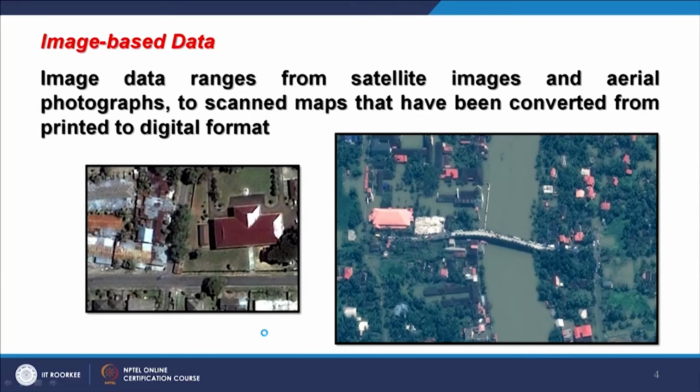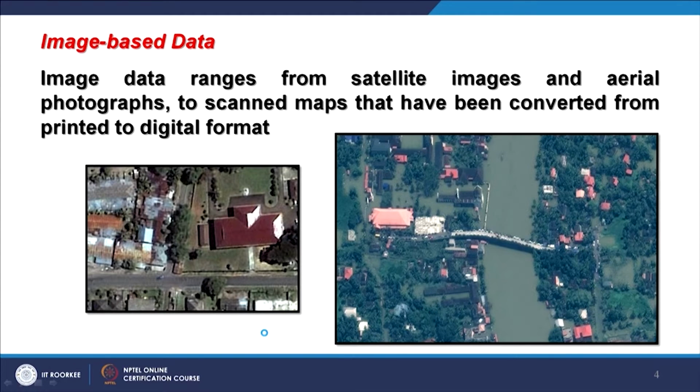Another type of raster data is the image data, and you are seeing two examples of images here. Both have rectangular shapes, though they can also have square shapes. The left one is a colored aerial photograph, and the right one is a satellite image of very high resolution.